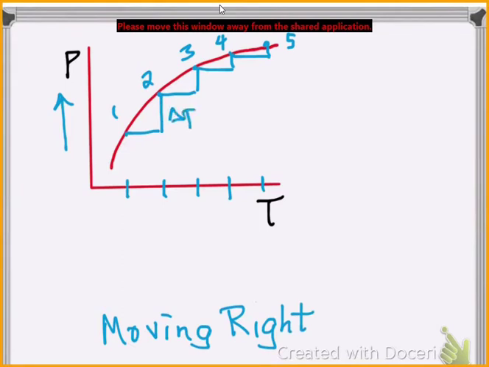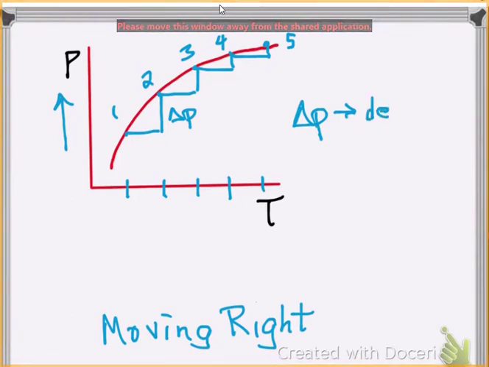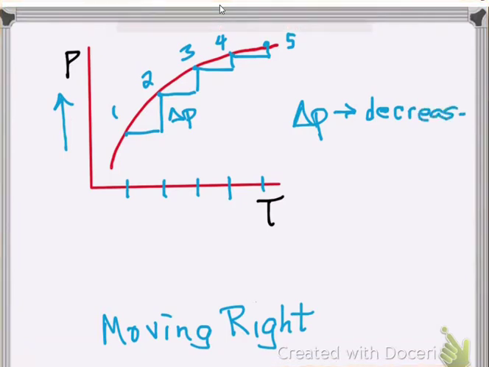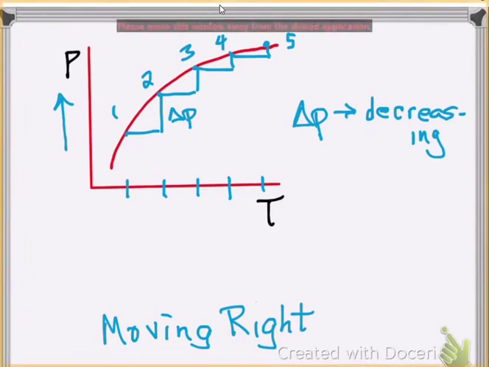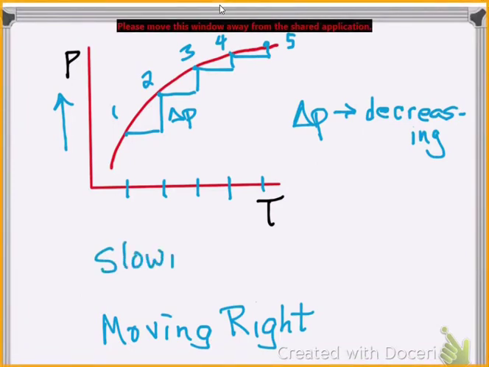But hopefully you notice that the delta P's in this case are decreasing, which means that the object is slowing down.